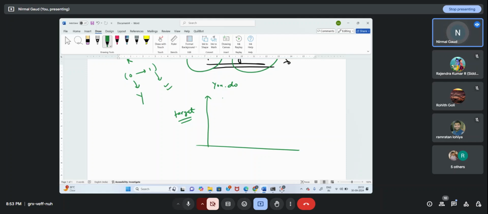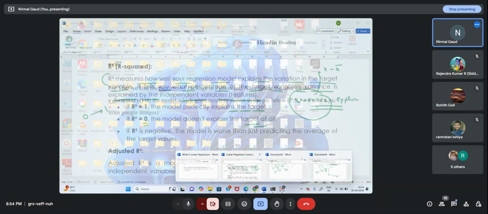Let's say the target and the feature. How much do features contribute to the target? That's what it means to be variance explanation.